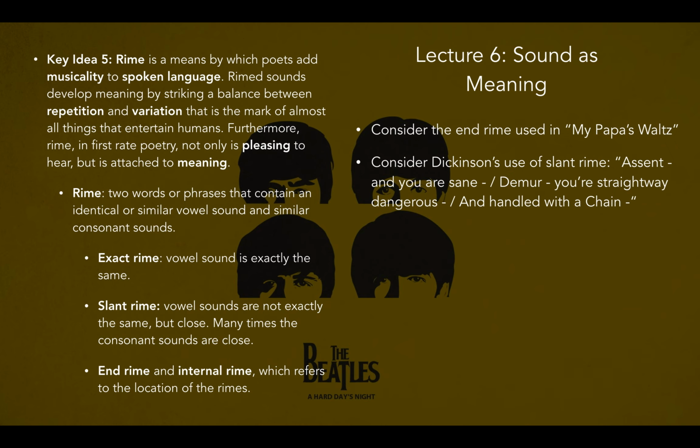So you could consider the end rhyme used in My Papa's Waltz, which, again, plays with both exact rhymes and slant rhymes, in order to illustrate the sort of structure that a waltz is supposed to have, the structure that a childhood is supposed to have, that a parent is supposed to give to their child, the structure, consistency, order, rule that a good father is supposed to give his son, but that end rhyme is constantly not quite resolving itself correctly.